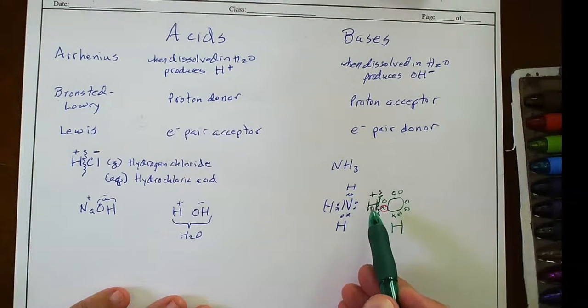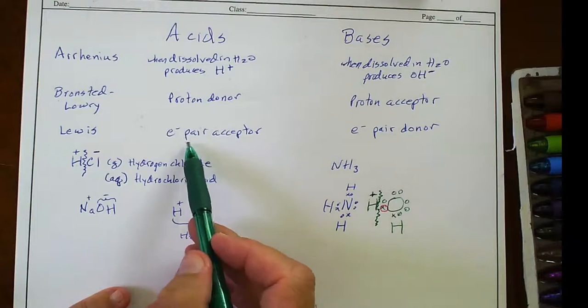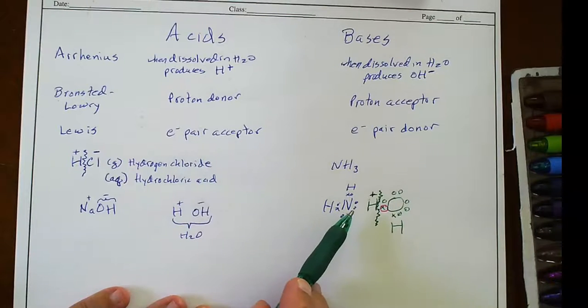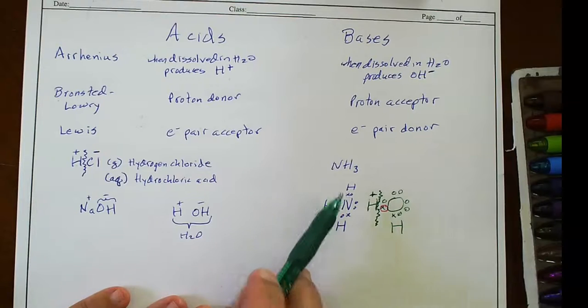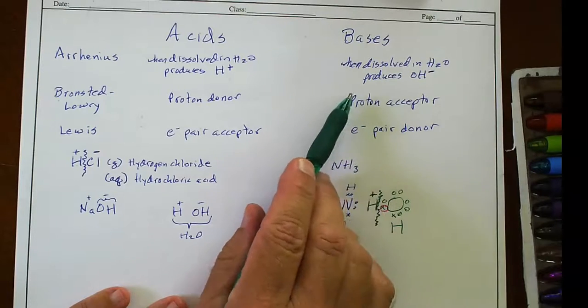Now, what would this proton that was donated from water be happy to do? It would be happy to accept a pair of electrons, this pair of electrons. So the NH3 is going to accept the proton.